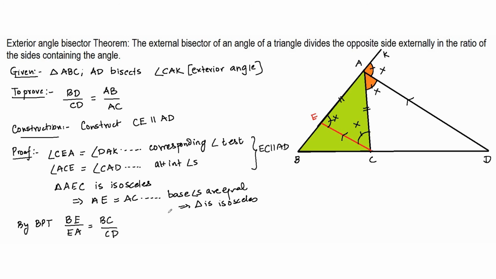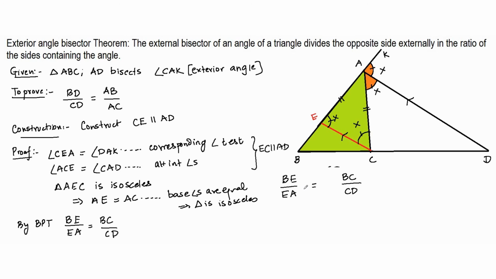Now what I'm going to do is take the reciprocal on both sides, and I get EA upon BE is therefore equal to CD upon BC, right? Now let me add, okay, maybe there is no need to take the reciprocal over here. Let me just add 1 to both sides. So I have BE upon EA is equal to BC upon CD.